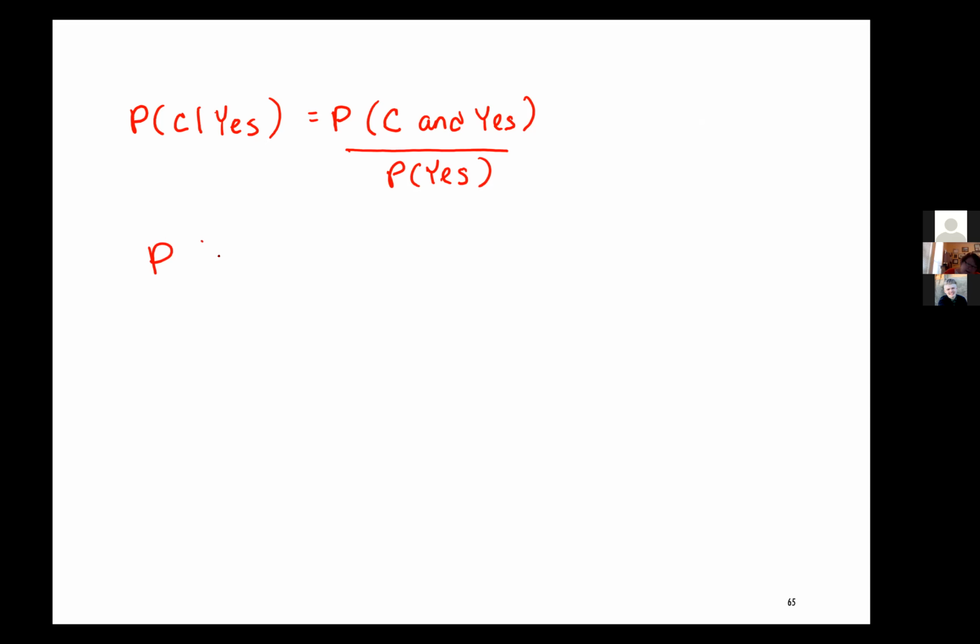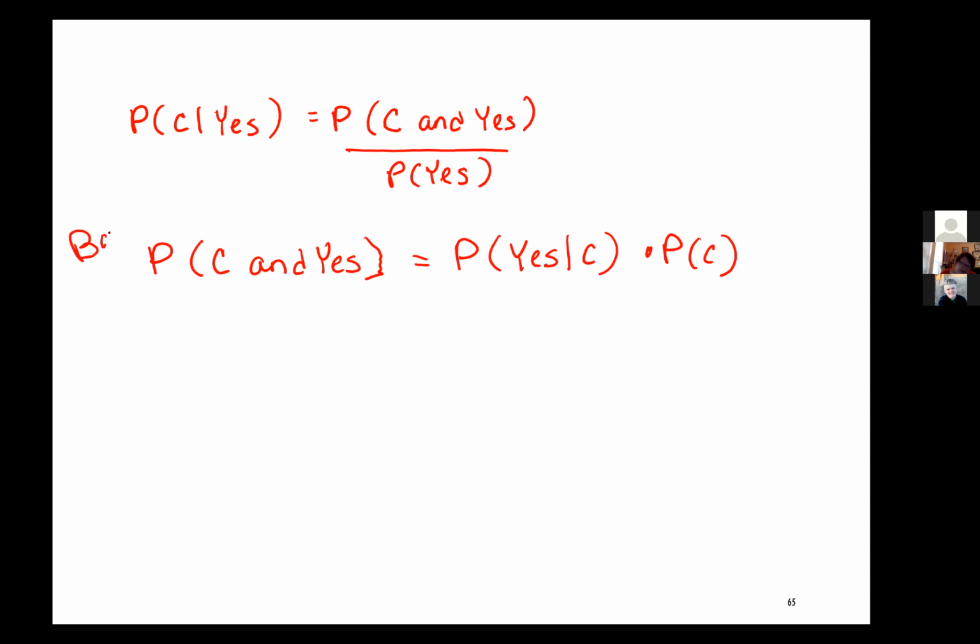But the probability that I have cancer and it's a yes, well, that's the probability that I get a yes, given that I have cancer, times the probability that I have cancer. So we were given these two pieces of information. So this is again Bayes' theorem.